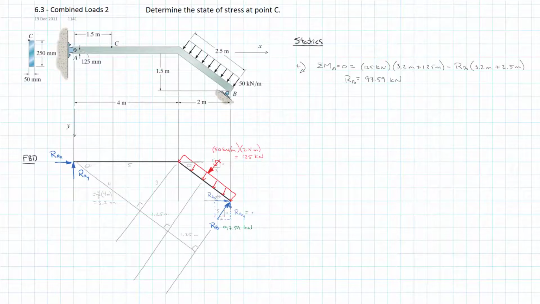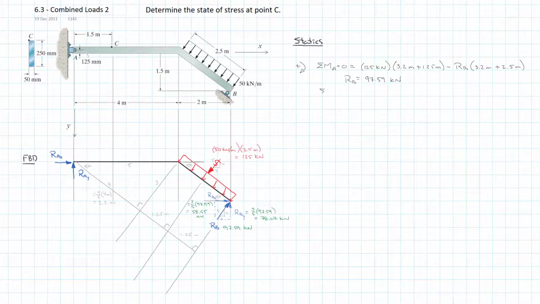And so RBy is equal to 4/5 of 97.59, which is equal to 78.07 kilonewtons, and RBx then is equal to the 3/5 of 97.59, and that's equal to 58.55 kilonewtons. And that'll just save us a little bit of writing as we do this.